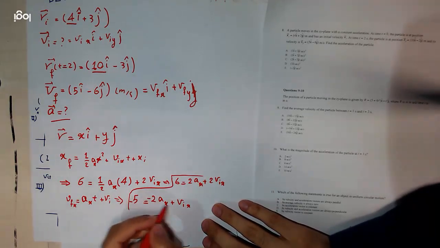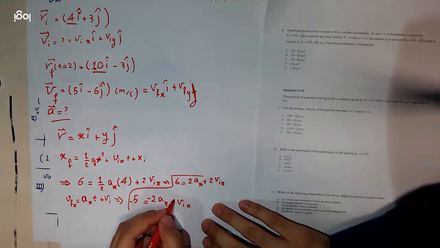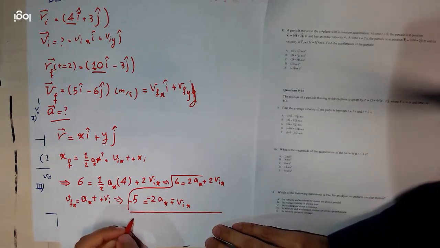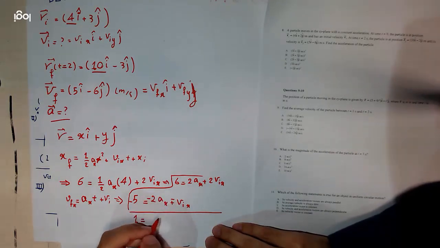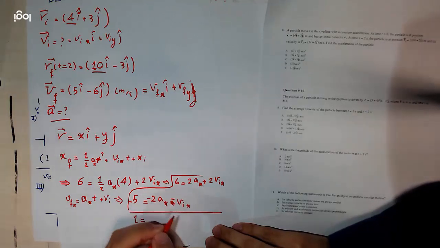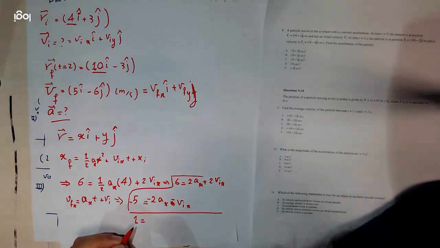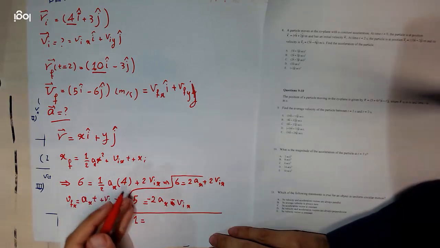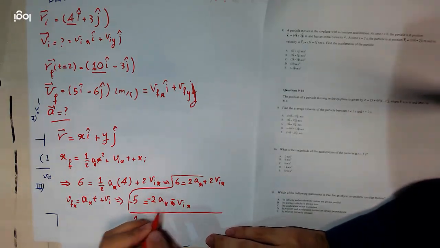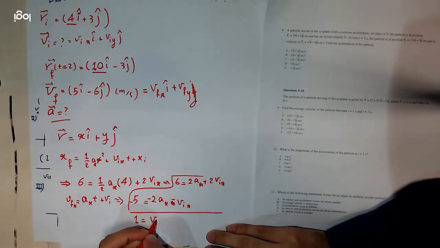Let's multiply by -1. Now we can take from here 1 is equal to, if we multiply both parts by minus sign, we should have V initial X is equal to 1.